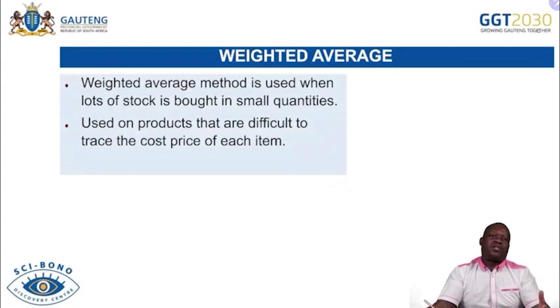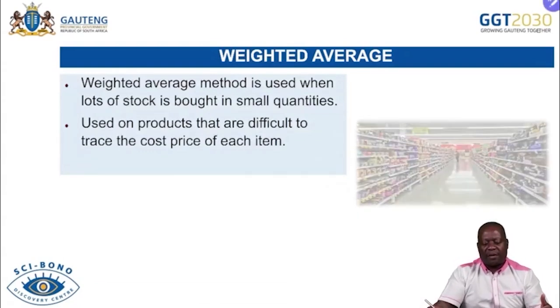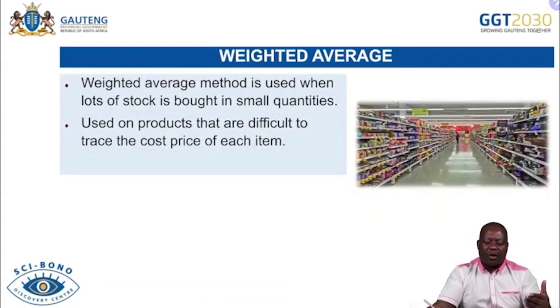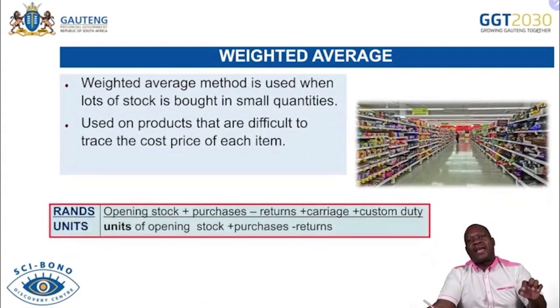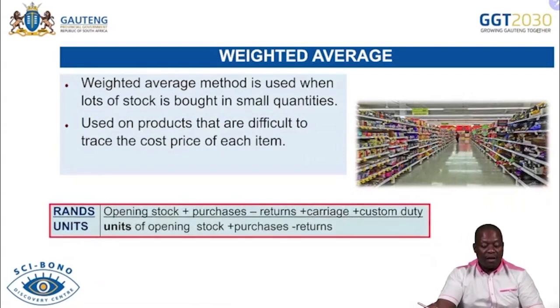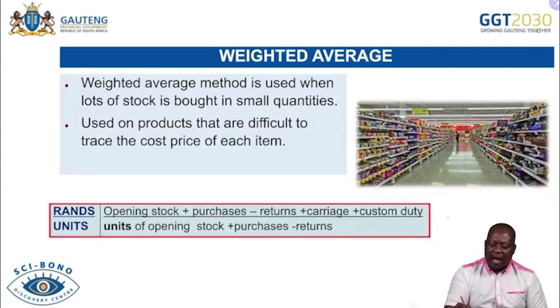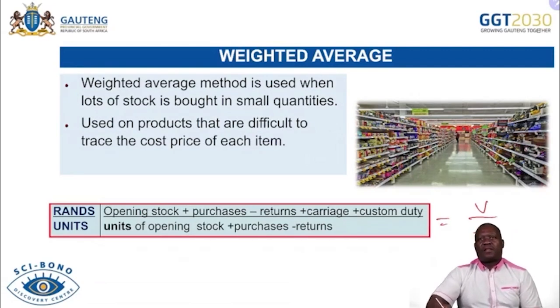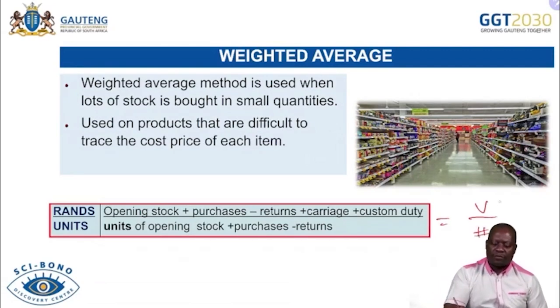Now, please take note, for this to take place, we have got a formula that we have to use. Very important. I usually call this formula the V over hash, the V standing for the value, and the hash standing for the number.